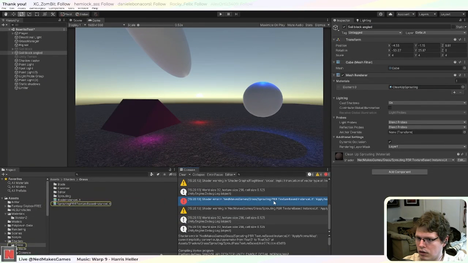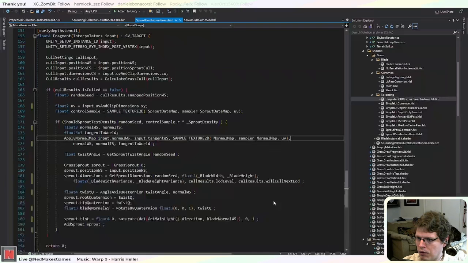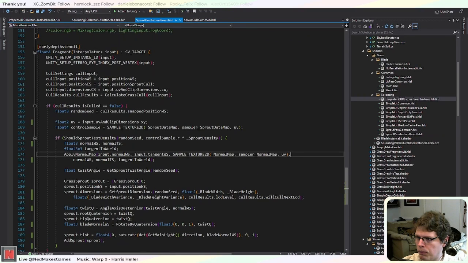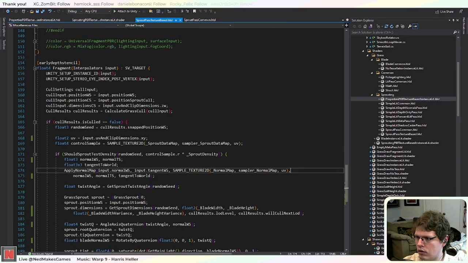Okay, got an error. Apply normal map. Cannot implicitly convert from float3 to float3x3. Trying to think, why would that happen? Because something doesn't exist?